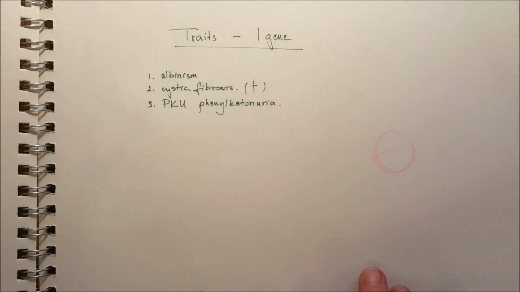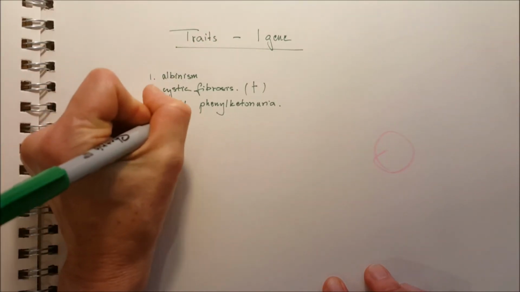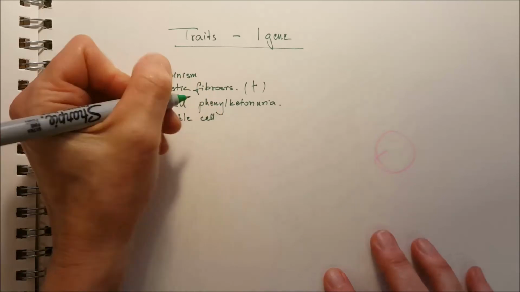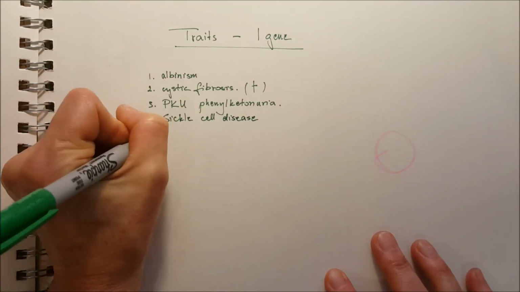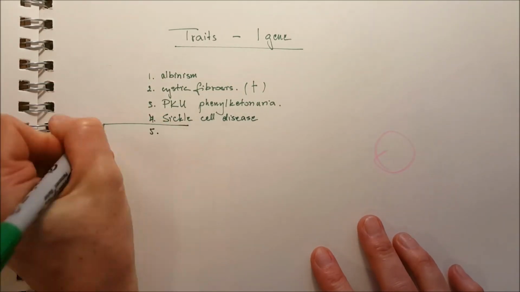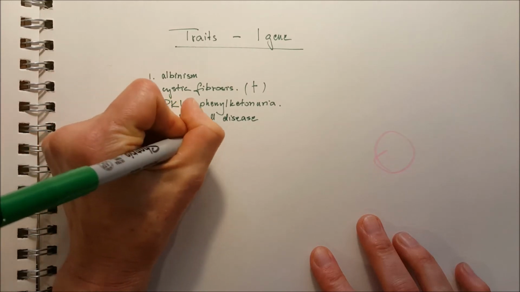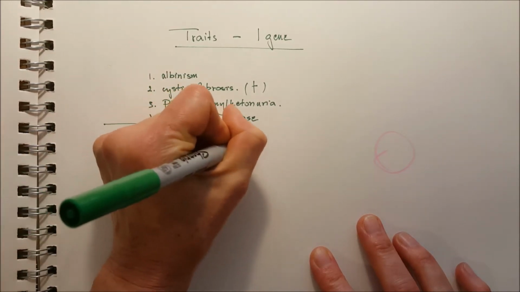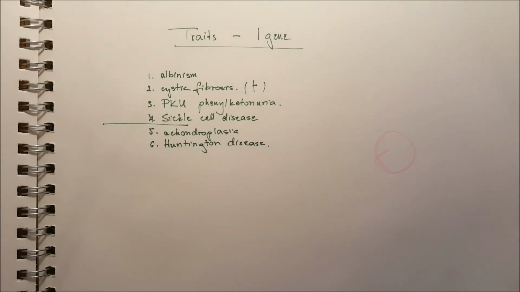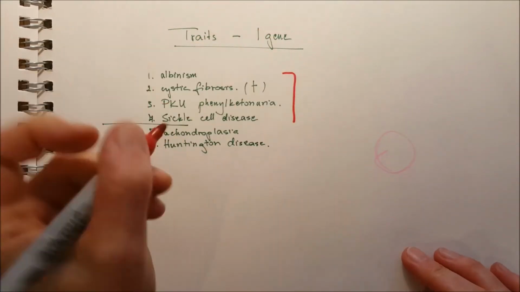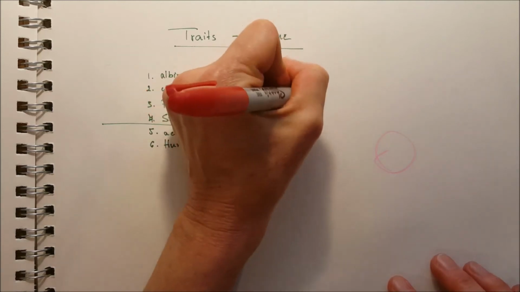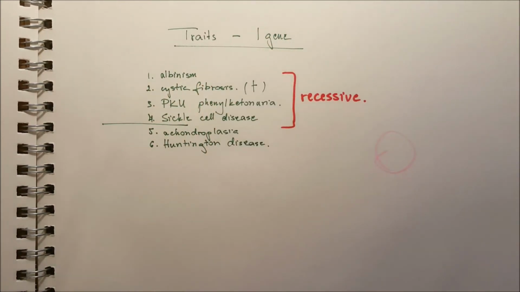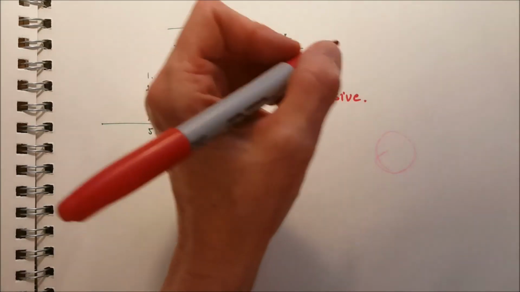And phenylketonuria, a very preventable disease if we know that somebody has it. Sickle cell disease, and the last two, achondroplasia, where somebody has shorter limbs but normal body ratios, and Huntington disease. The first 4 are recessive disorders.